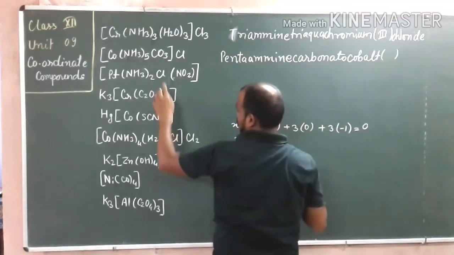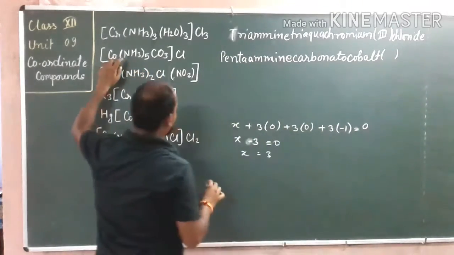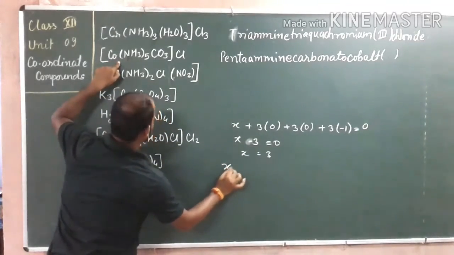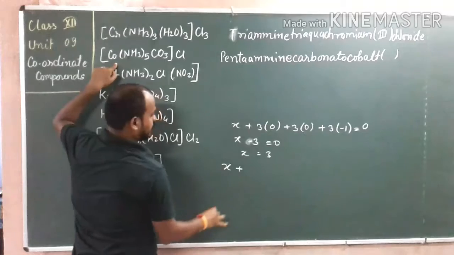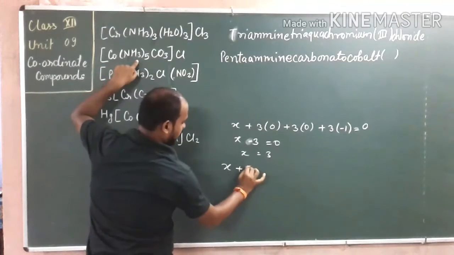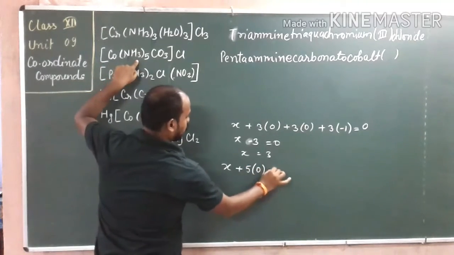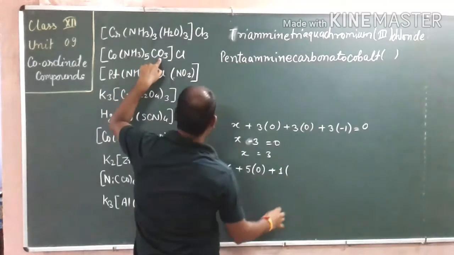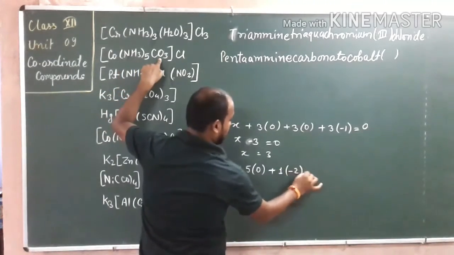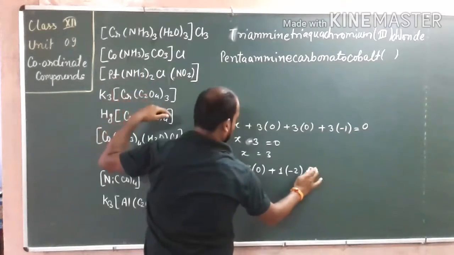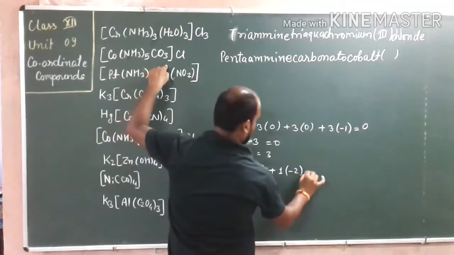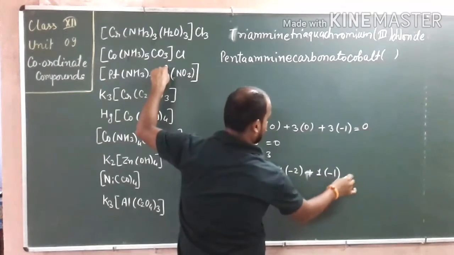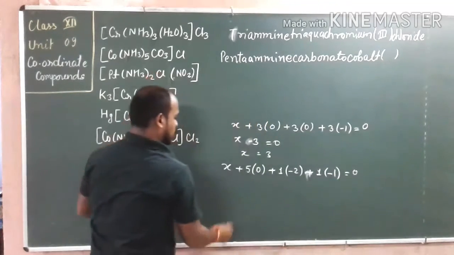Now the oxidation number. To calculate the oxidation number of this complex, again do a calculation. For cobalt it is X plus 5 ligands, charge on amine 0, plus number of carbonate 1, and charge on carbonate is minus 2. Overall charge, minus 2, plus number of chloride 1, charge on chloride minus 1, overall charge 0.